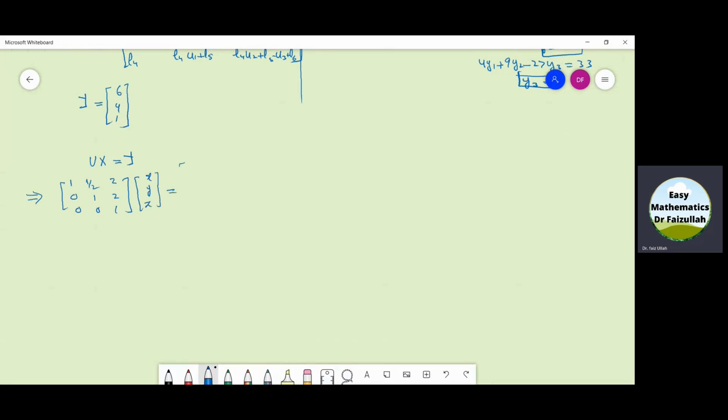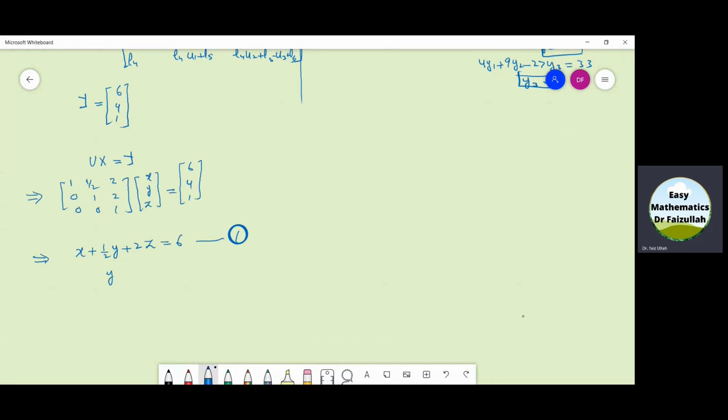And this is equal to y. So y is 6, 4, and 1. Let us solve this system. From here we get x plus 1 over 2y plus 2z is equal to 6. Let us say this is equation number 1.